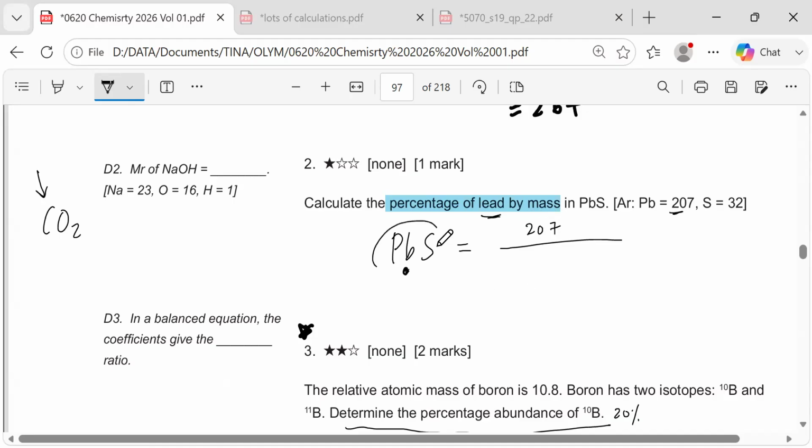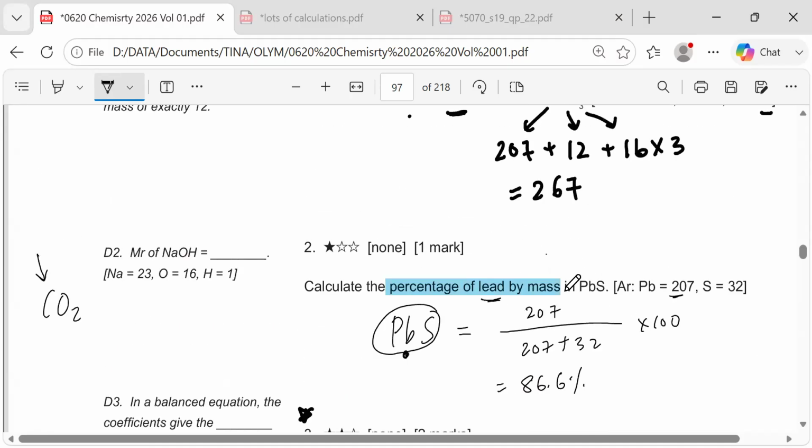What is the total molar mass? 207 plus 32, times 100%. So 86.6. So 86.6% of PbS is Pb. Do you understand? That's how you calculate this.